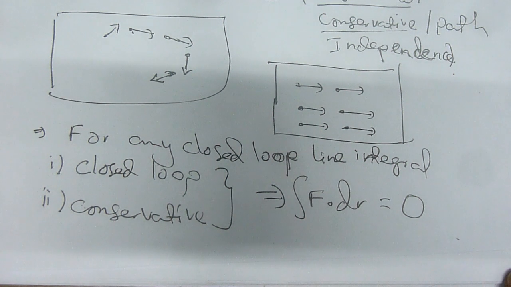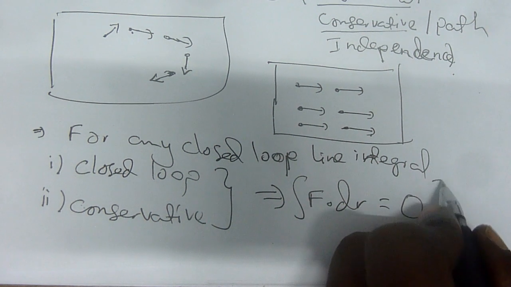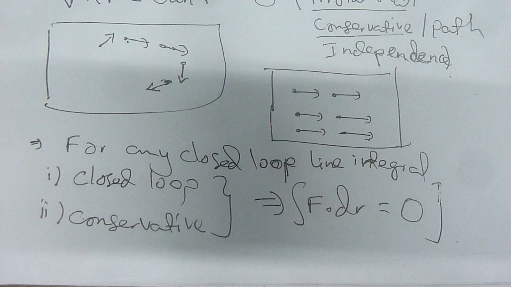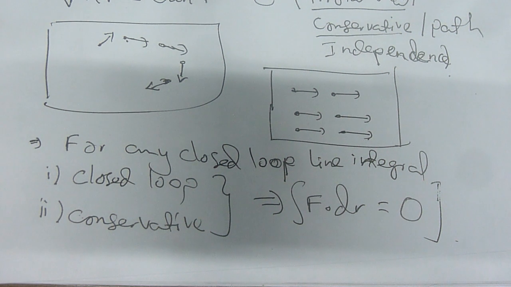Because once it's irrotational or conservative or path independent, immediately we will call this the work. Over here the work, if you calculate the work for this, is 0. This is what we learned.